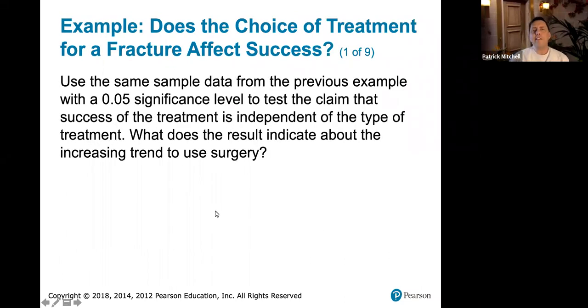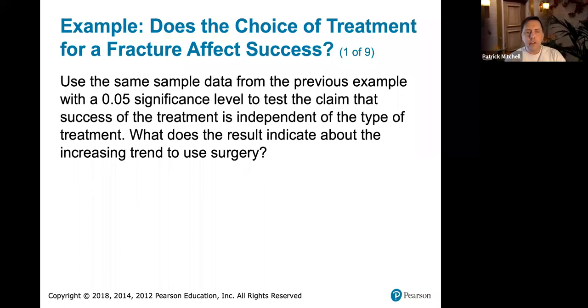All right, using the same sample data from the previous example with a 0.05 significance level, test the claim that success of the treatment is independent of the type of treatment. What does the result indicate about the increasing trend to use surgery?